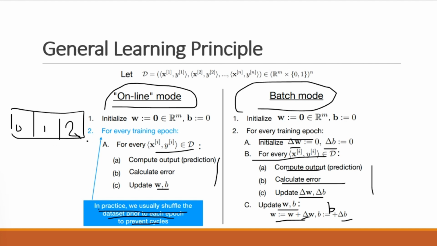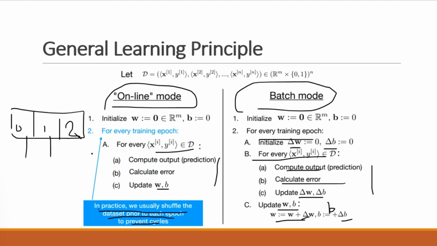If you don't shuffle, the problem is the algorithm will only update based on the zeros. Maybe zeros are easy, so nothing is happening, and then it sees a completely new class and only focuses on getting these right, but then maybe it's getting some other ones wrong again. It's usually better to have better shuffling, a little more diversity, so that you have zeros, ones and twos intermixed with each other.